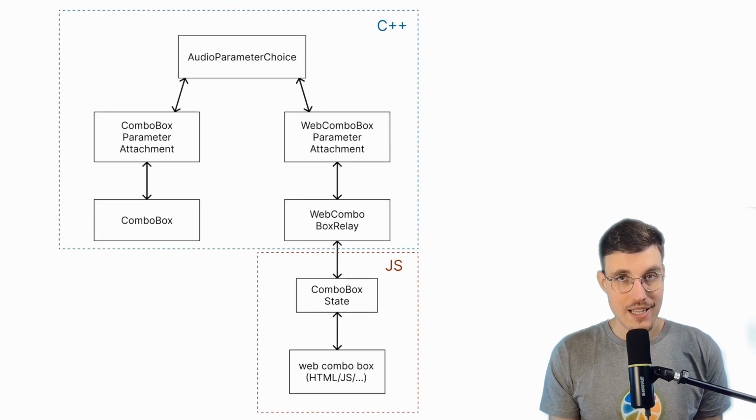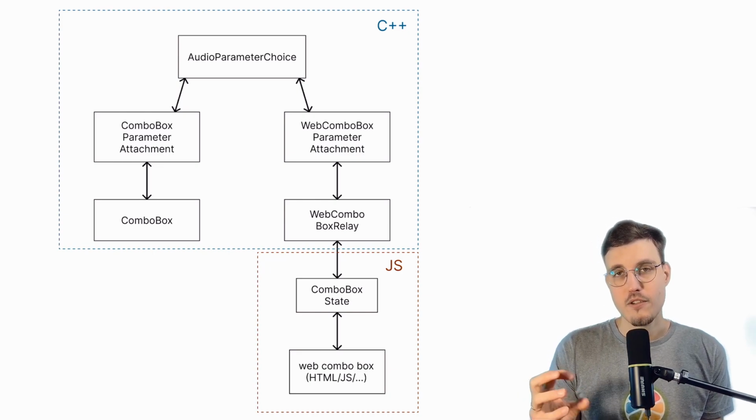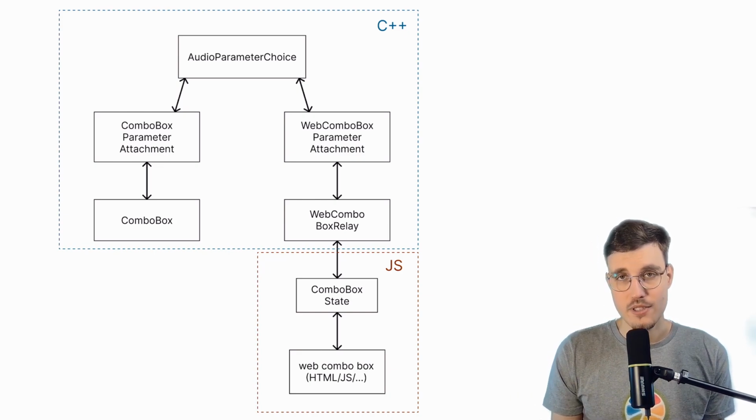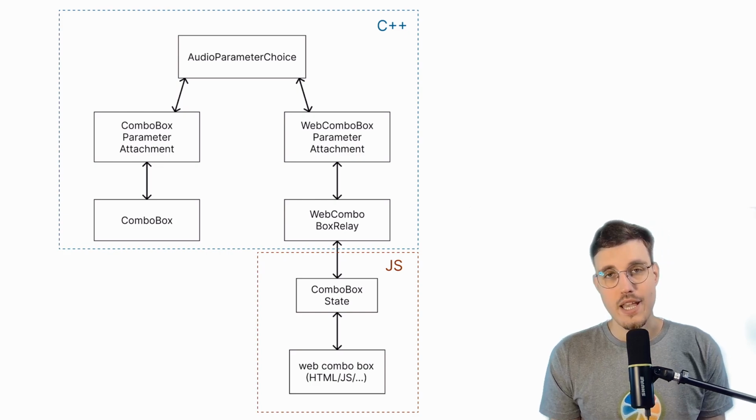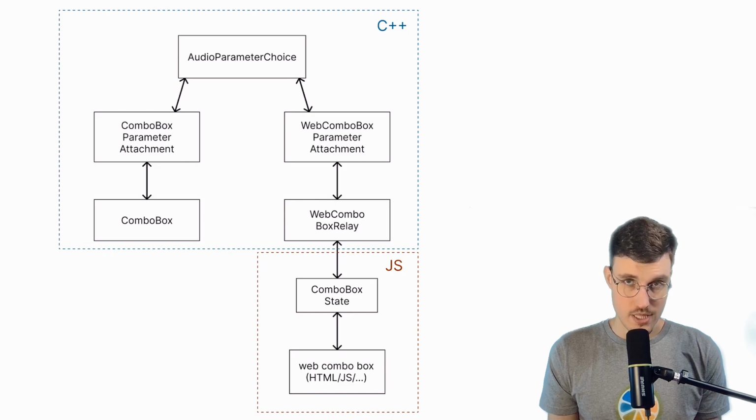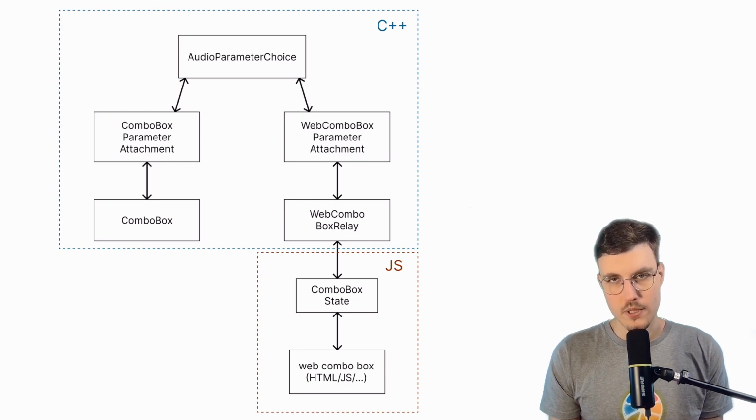In this tutorial episode, we are going to look first at how the classes involved in controlling a value, a parameter from a fixed set of values, are set up in JUCE, and we'll show how to control it via classes from a C++ GUI and from a web-based GUI. So we'll discuss the classes involved in detail.